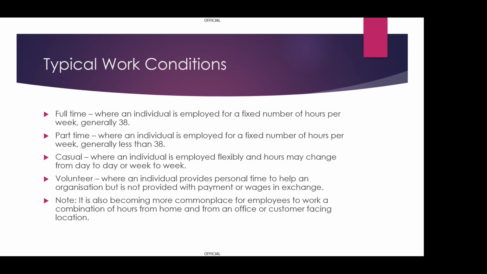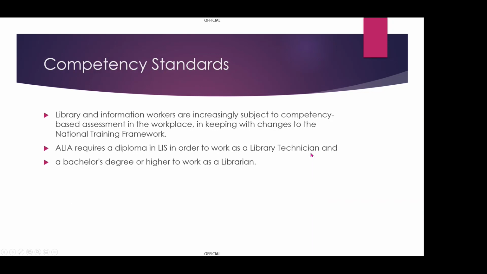The hours may change from day to day, week to week, month to month, or semester to semester. A volunteer is where an individual provides their personal time to help the organization, but does not get paid any wages in exchange. It's also becoming commonplace for employers to work a combination of hours from home and in the office or at customer-facing locations. So that's a new trend that's going on a lot in job locations.